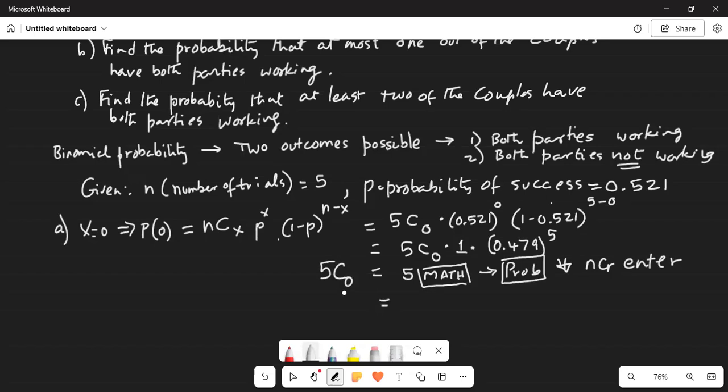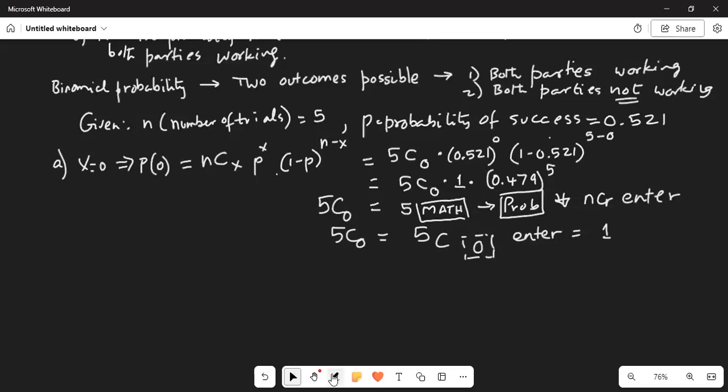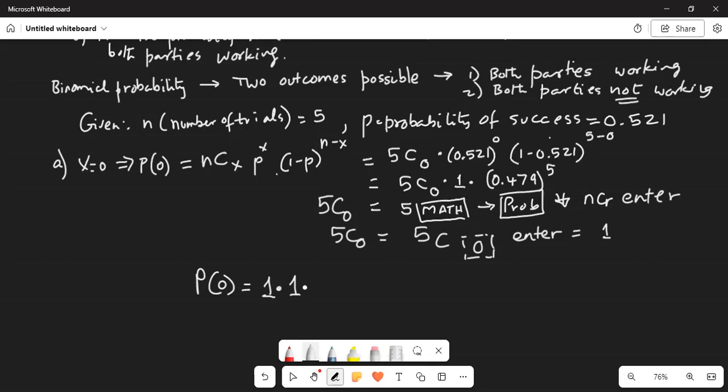After we hit nCr, we will see 5C and then there is an empty square after the C. There I will type 0 and hit enter, and that will be equal to 1. Hence, P of 0 is 5C0 itself, 1, multiplied by 1, multiplied by 0.479 to the power of 5.